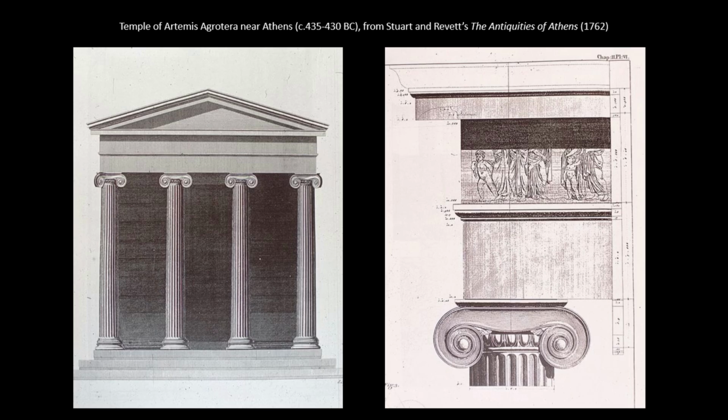We can see that Thomas Moore has not reproduced the decorative frieze that is depicted in the image on the right, nor has he fluted the columns as they are seen here on the left. So he has simplified the design, but by his own testimony, he was inspired by this specific building of ancient Greece.